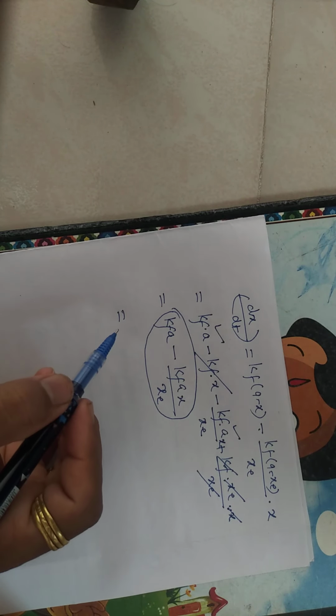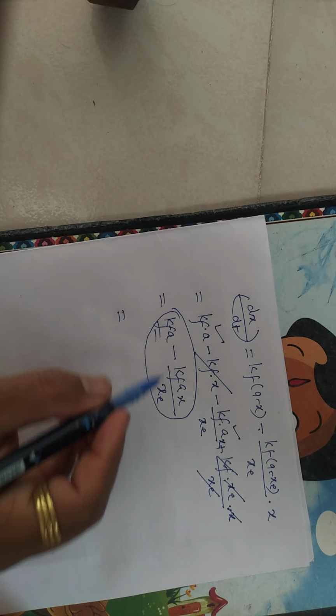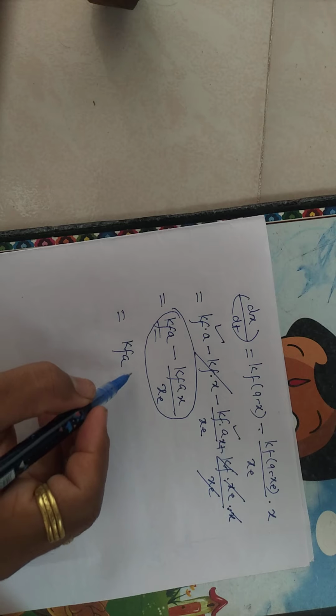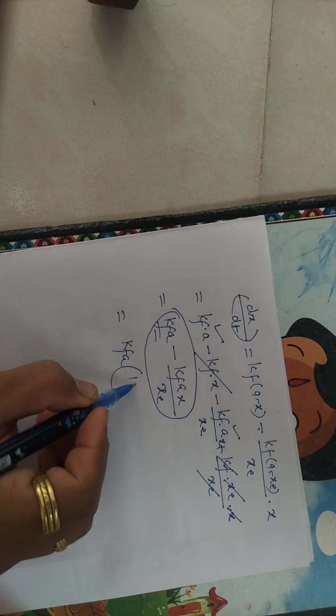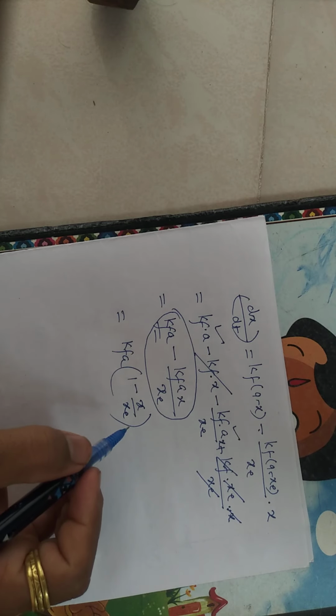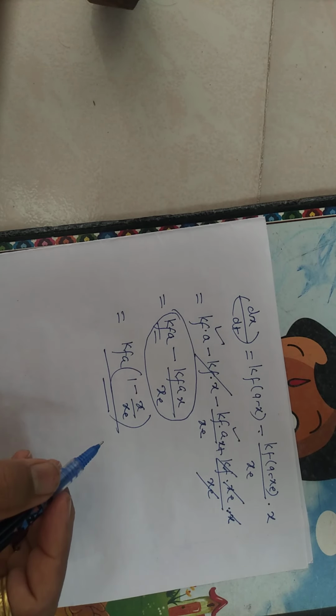Okay. So now we will take the common factor. It is kf a, then what remains here is 1 minus x upon xe. So this factor remains.